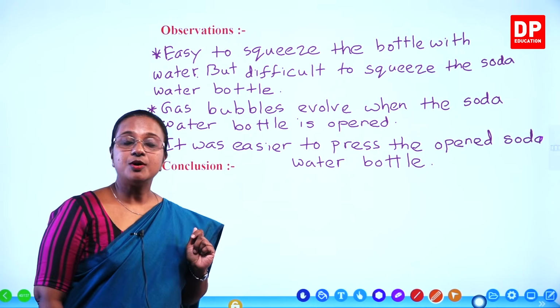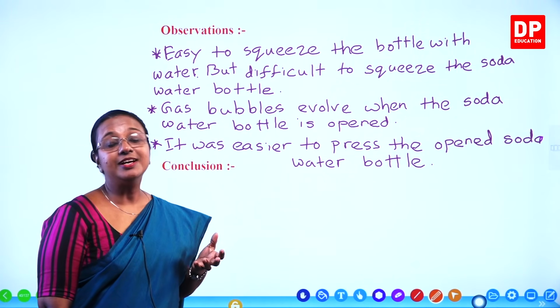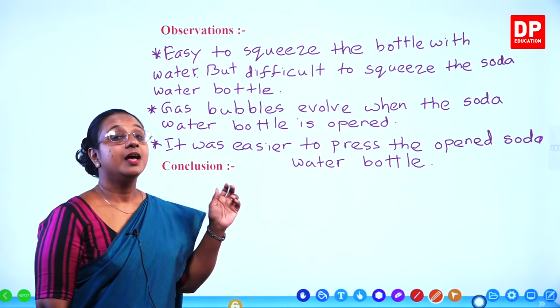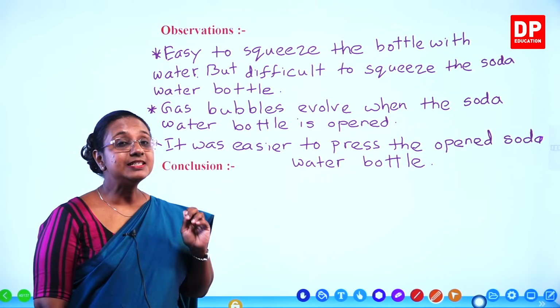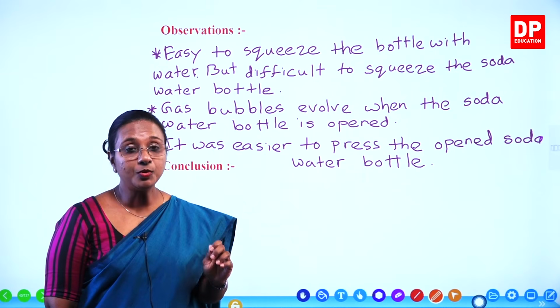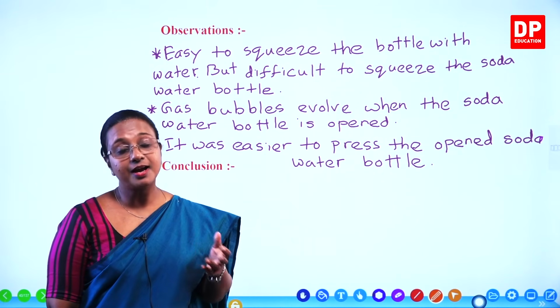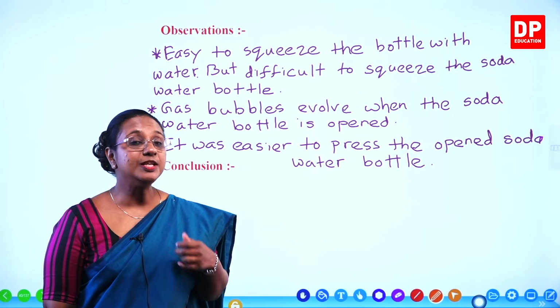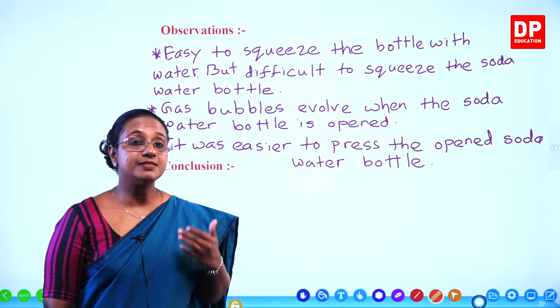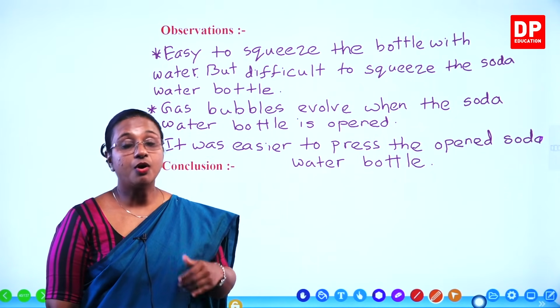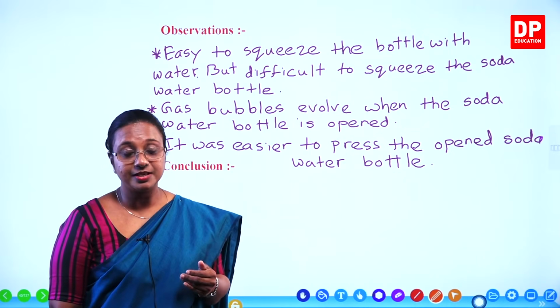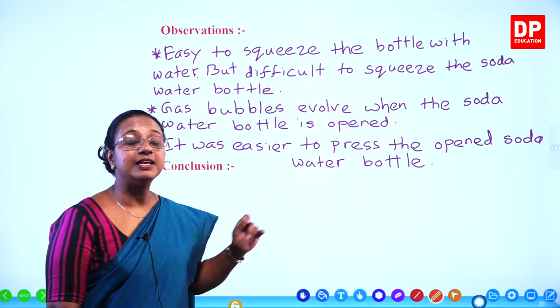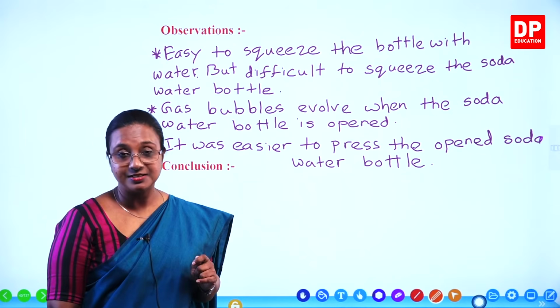So from these observations, what can we conclude? That gases dissolve more in water under high pressure, or the solubility of a gas increases with its pressure, or when the pressure is increased. That is what we can conclude from this activity.